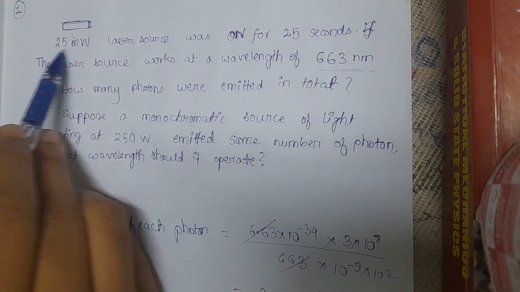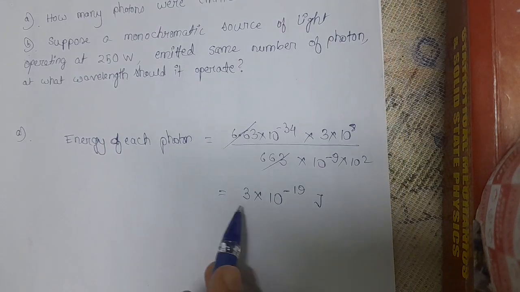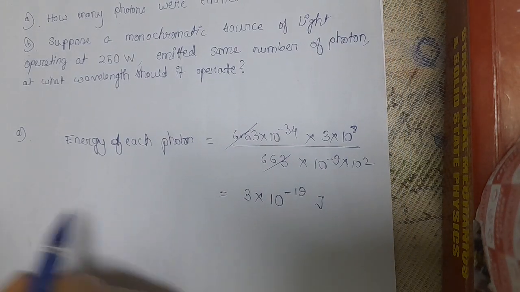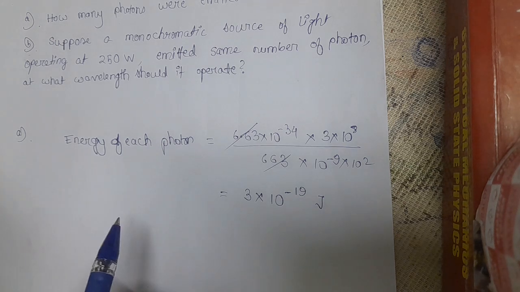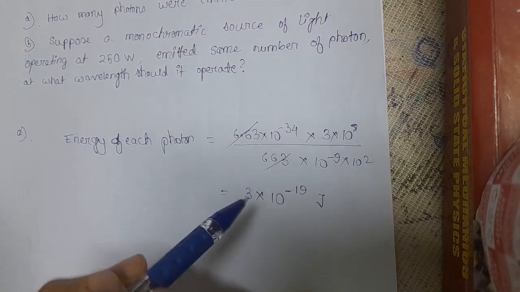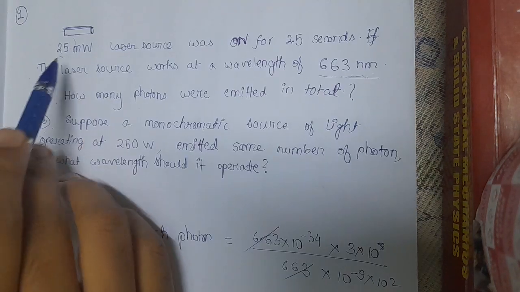Now what is the role of this energy given here? It is only to determine the number of photons. If one photon carries this much energy, then how much energy would be carried by this laser source?